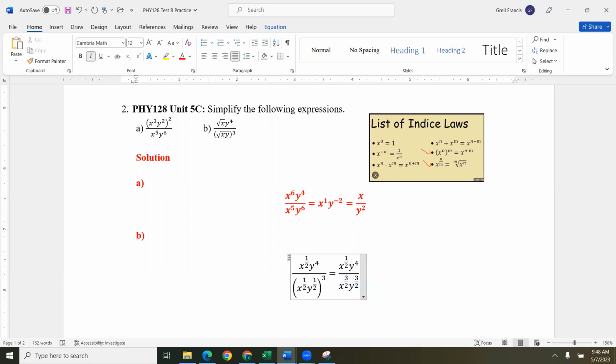So now we are going to apply the rule whereby we are going to subtract the powers, okay, so that we can further simplify the expression. So we're going to have x raised to a half minus 3/2. So we're taking out a half from 3/2. Now 3/2 is actually 1.5. So we're taking out a half subtract 1.5. So that would be -1.